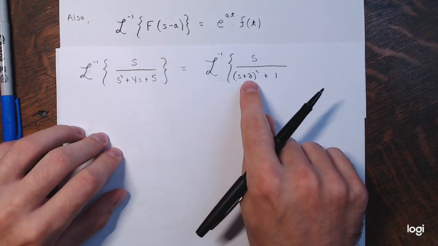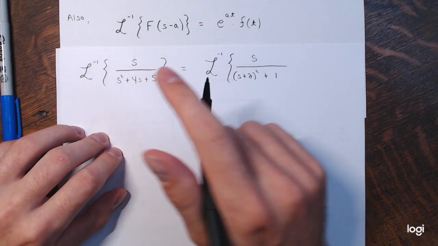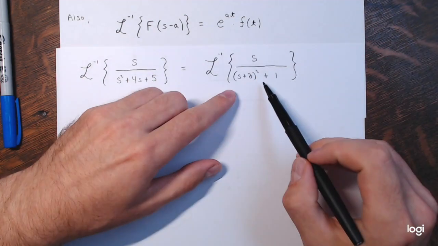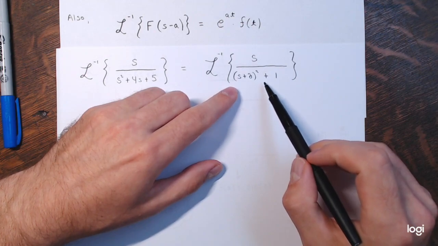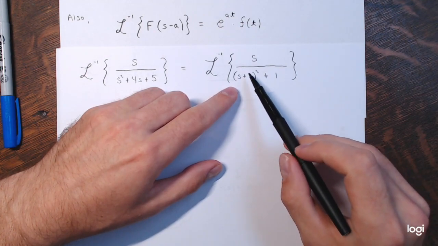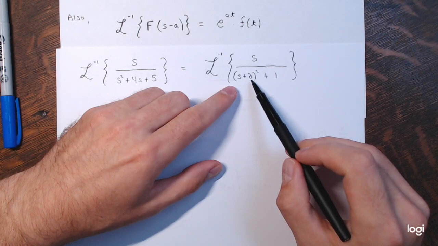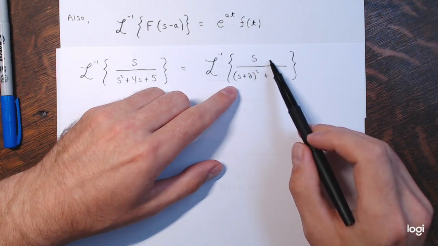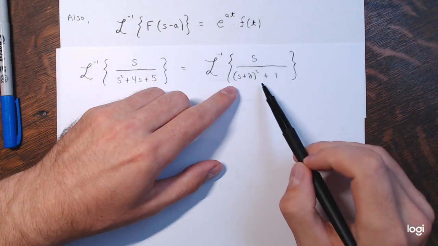And you can verify that that's the same denominator. Alright, now this is not a function where all the s's were replaced by s plus 2, because notice the numerator isn't s plus 2. So I'm not going to say that this is capital F of s plus 2.